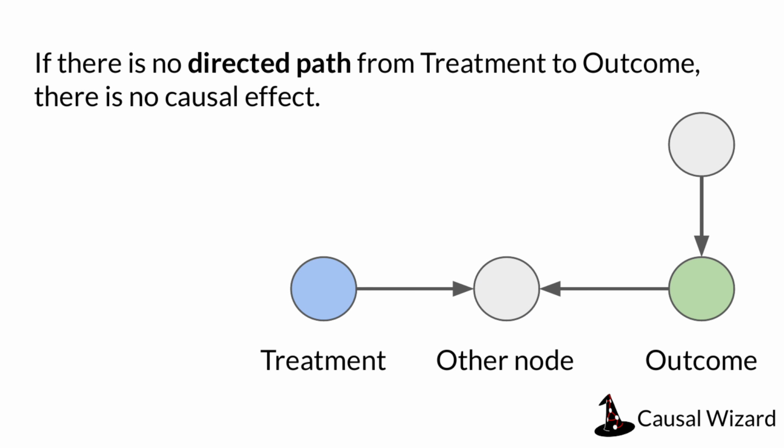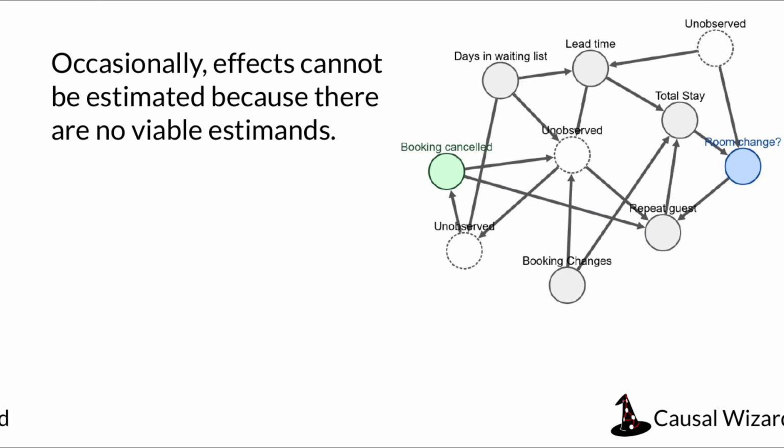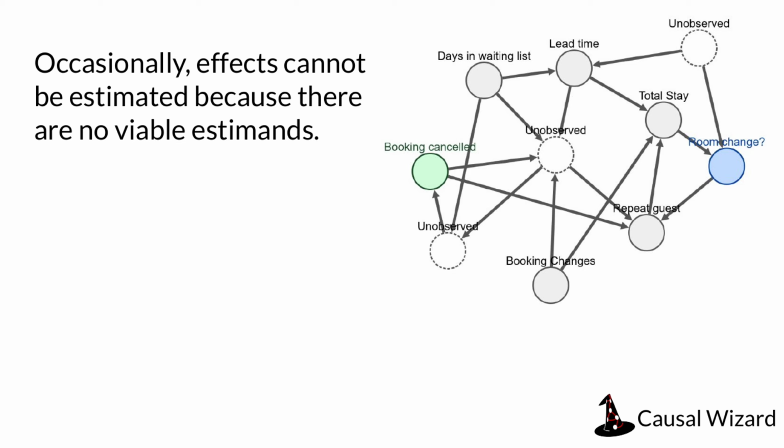Sometimes, you may discover that your causal diagram helps you realize there is never any causal effect, because there is no directed path from the treatment to the outcome. This is a valid result, and you've learned more about your data. Occasionally, Causal Wizard will tell you that the causal effect cannot be estimated because there are no viable estimands.